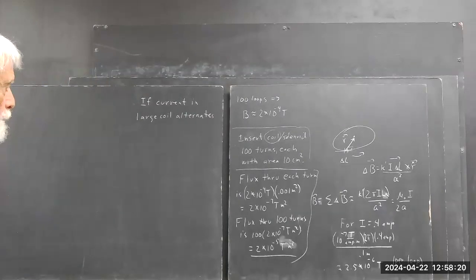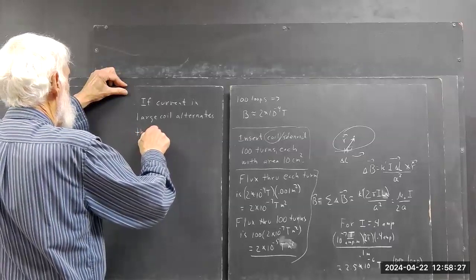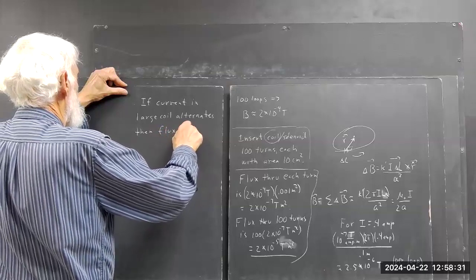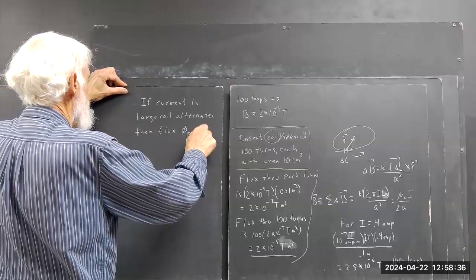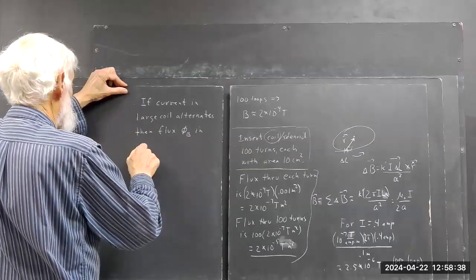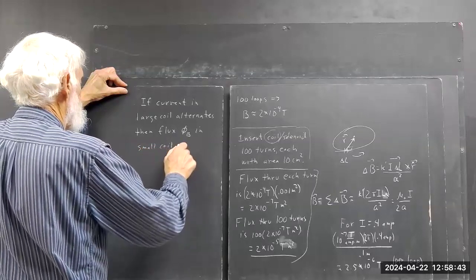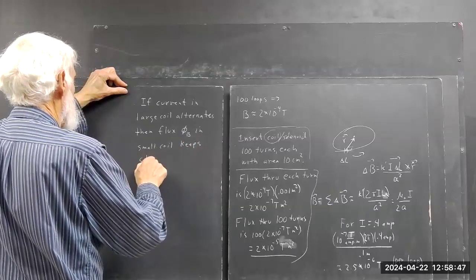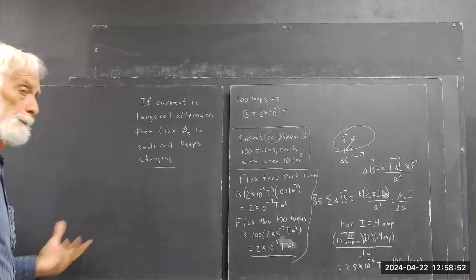The current in the large coil alternates. And the magnetic flux, which I'll call phi, in the small coil, keeps changing.